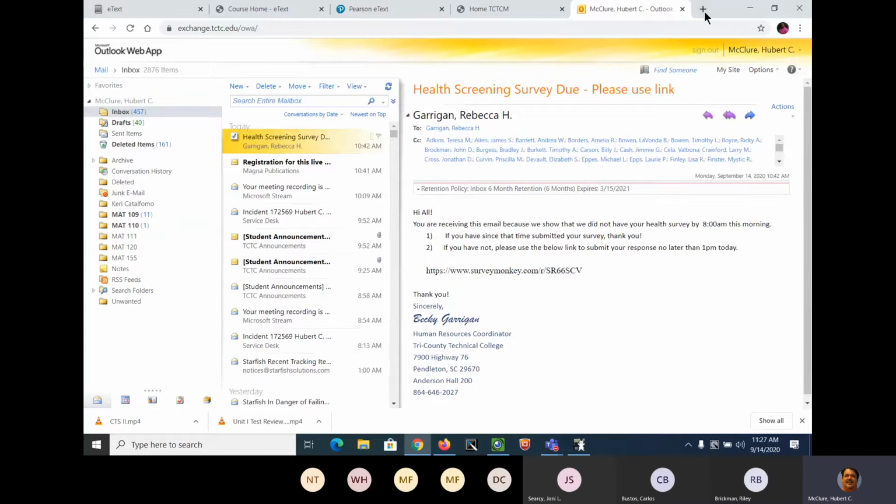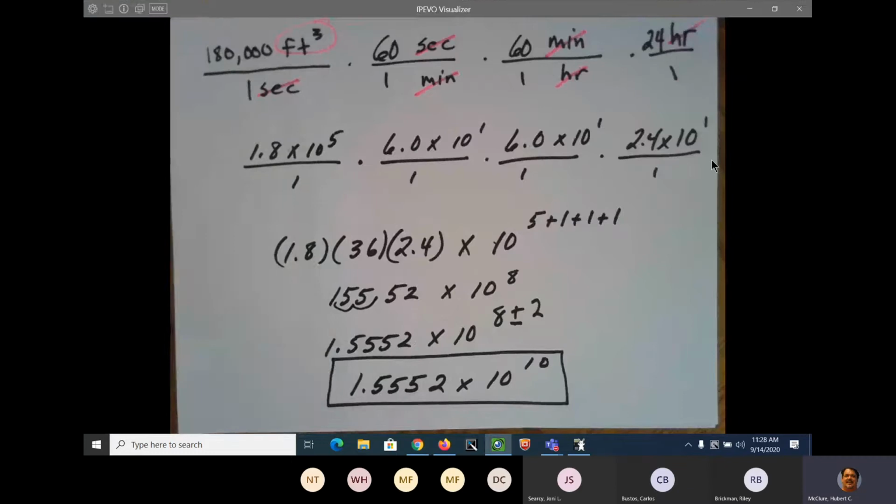So what about algebra? Well, algebra is something that some people love and some people hate. But the first thing you have to get down is order of operation.